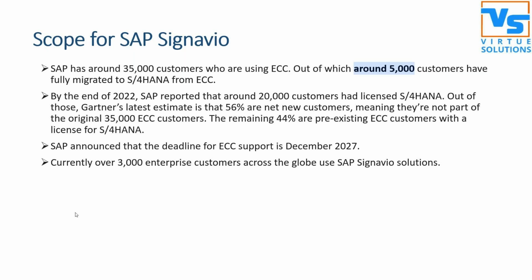It's almost 20,000 customers, and 56% of the licenses sold for S/4 are to new customers. That means a lot of migration needs to happen in the next few years, and the deadline for SAP ECC support has been changed repeatedly because of the large customer base and the time needed for migration. Currently, hardly over 3,000 enterprises have SAP Signavio solutions working, and they use them for their complete migration journey.